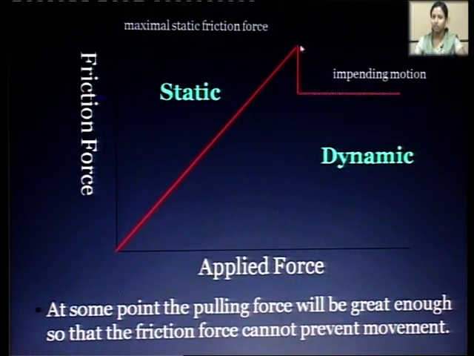At the maximum, where the frictional force is maximum, this is called limiting friction, and after that the body starts moving, then this is called kinetic or dynamic friction. At some point the pulling force will be great enough that the frictional force cannot prevent movement.